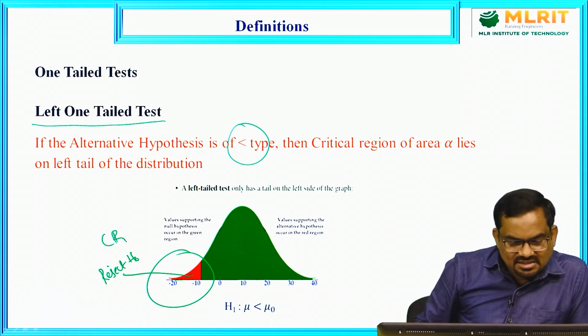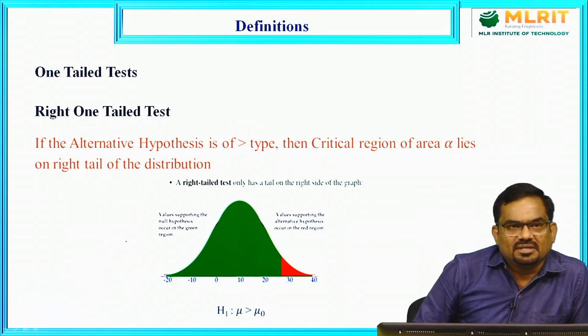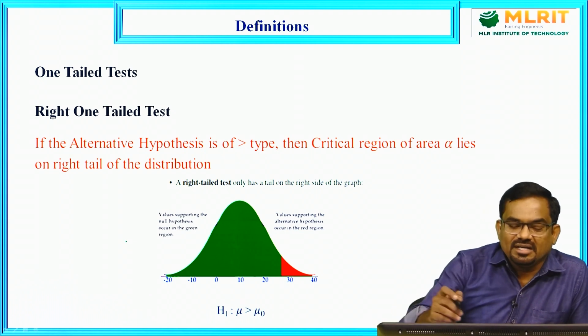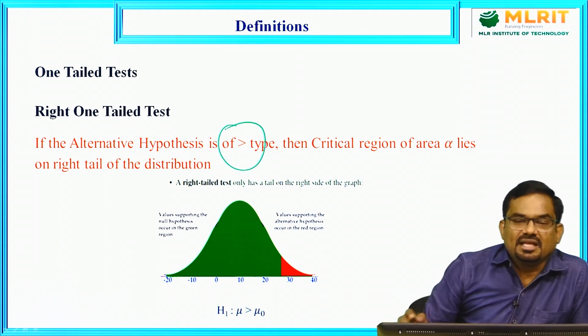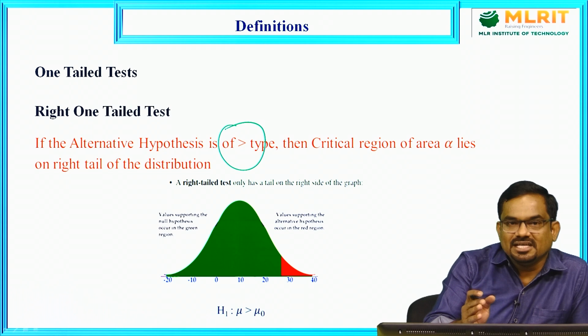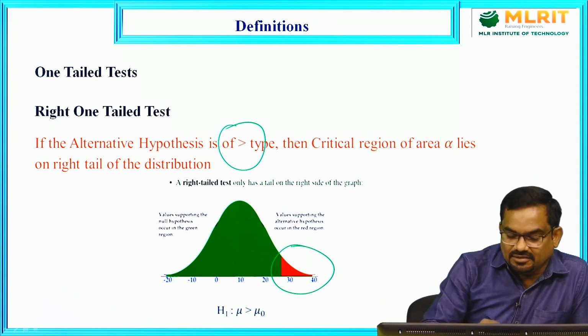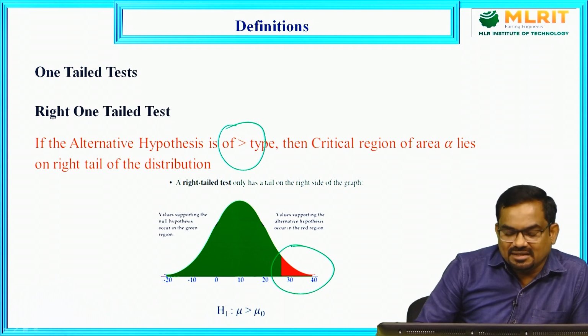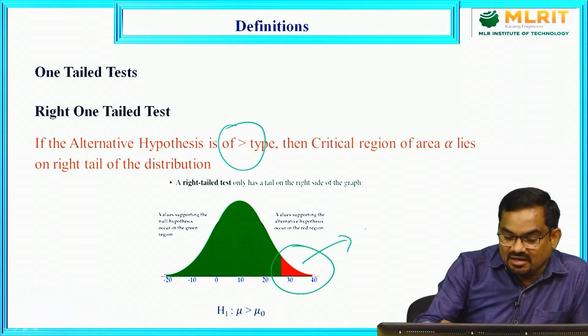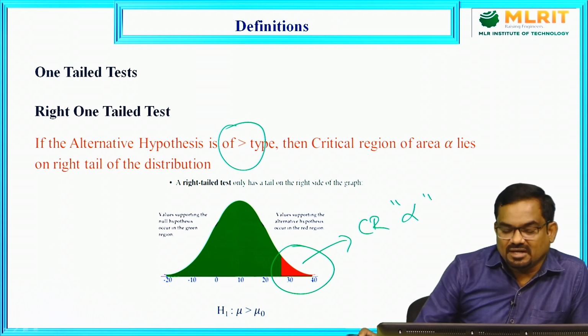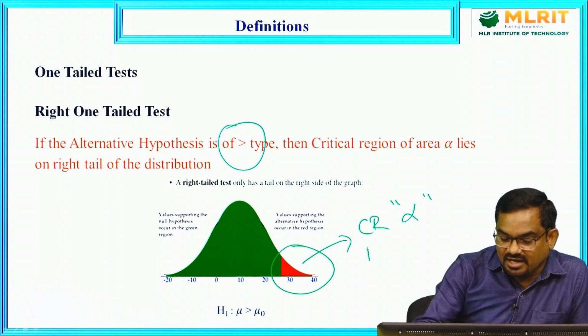A similar explanation applies to the right one-tail test also. If the alternative hypothesis is of greater than type, then the critical region lies on the right side tail of the distribution. You can see here in the graph, again a critical region of area alpha lies on the right side, and that is the red color region in which we are rejecting H naught.